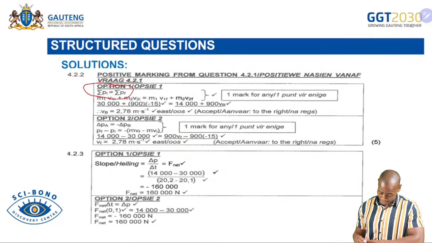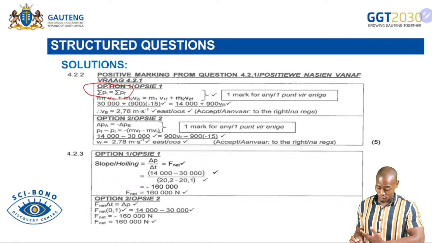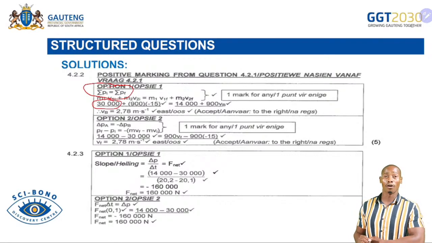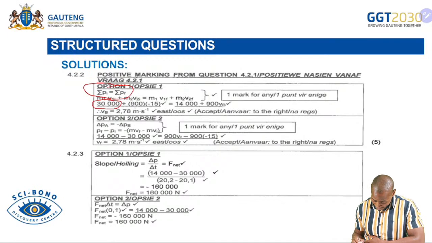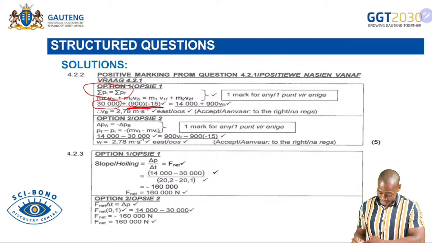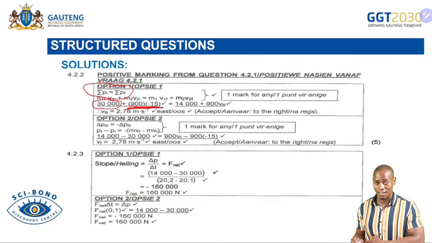Here is the equation, right? You see you are given the momentum. I told you it is not always the case that you will expand P to mv. In a case where you are given the momentum, you just substitute. This is the initial momentum of car A. Then this is the initial momentum of car B, 900 multiplied by negative 15.